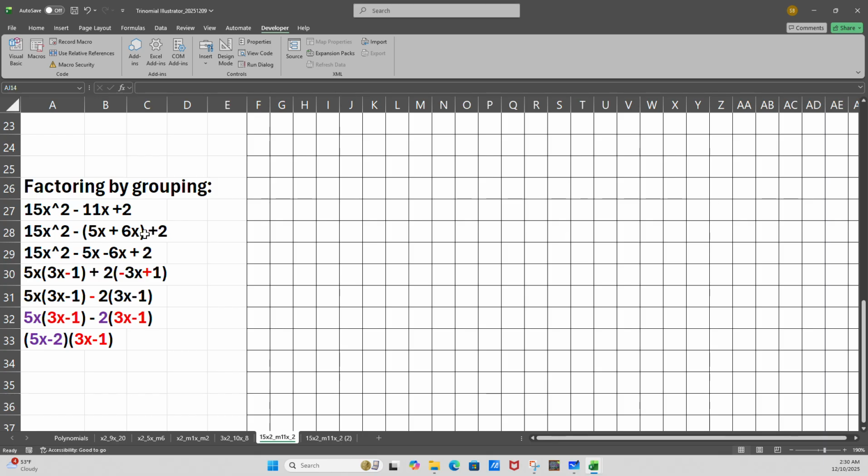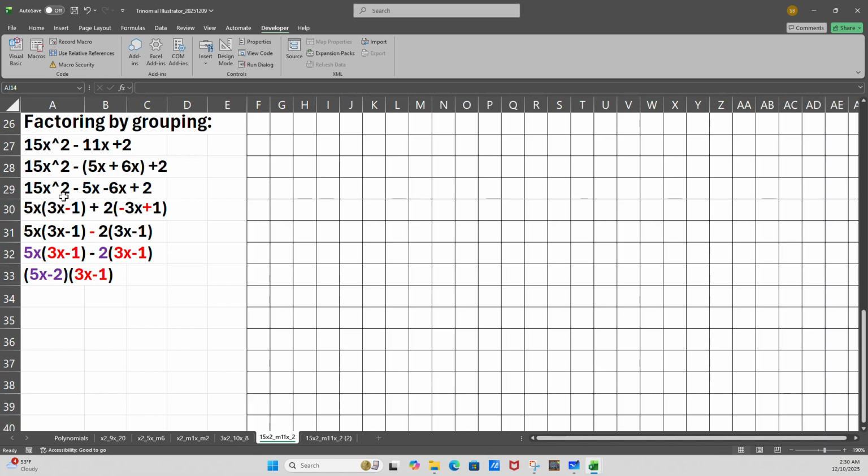So when we do that, with 15 and 5, we factor out the 5x over here, and we end up with 3x minus 1. Then on this side, we can factor the 2 out of the 6 and the 2, and we have negative 3x plus 1.